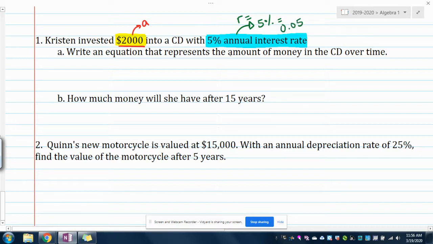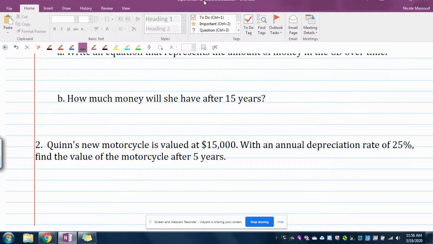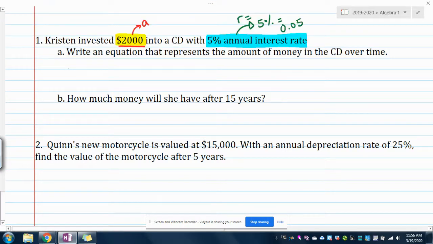Write an equation that represents the amount of money in the CD over time. So I know it's going to be y equals A times 1 plus r to the x. 1 plus r because it's growth.